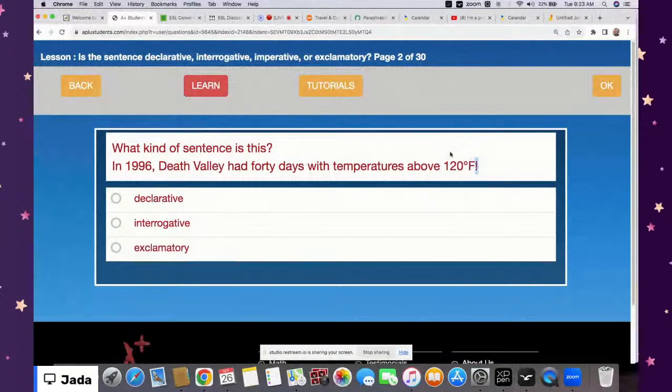What do you think is gonna be this one? Is it declarative, interrogative, or exclamatory? It has an exclamation mark. So read the question and let's see which one is your answer. Is it the first, second, or the third? You can share anyone. It's okay. We're all learning, so yeah, it's fine. Just share.